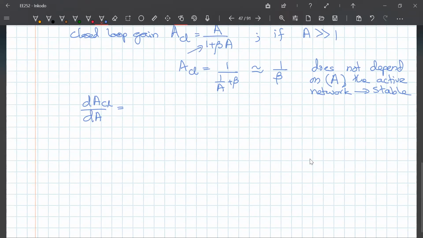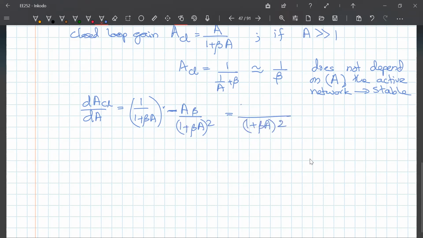You will have A times 1 over 1 plus beta A times the derivative of A, minus A times the derivative of 1 over 1 plus beta A, that is why the negative sign, divided by 1 plus beta A squared times beta, so something like that. So this will be 1 plus beta A minus beta A over 1 plus beta A squared, which is equal to 1 over 1 plus beta A squared.